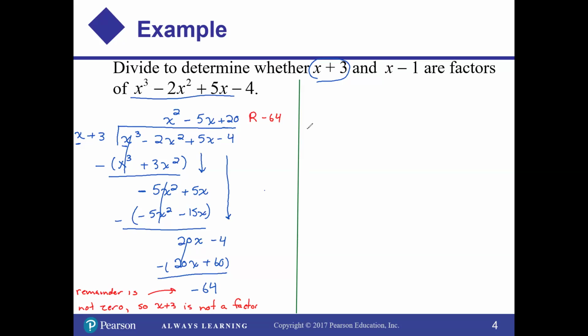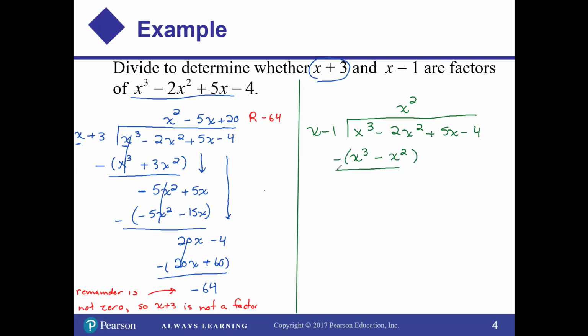So we have x minus 1 is what we're going to divide into now, x cubed plus 2x squared plus 5x minus 4. So divide x cubed by x and that leaves us with x squared. X squared times x is going to be x cubed. X squared times negative 1 is negative x squared.